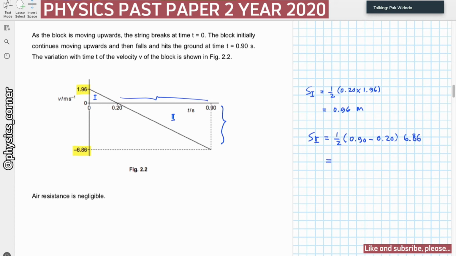So this equals 0.7 times 6.86 divided by 2, which is 2.401.